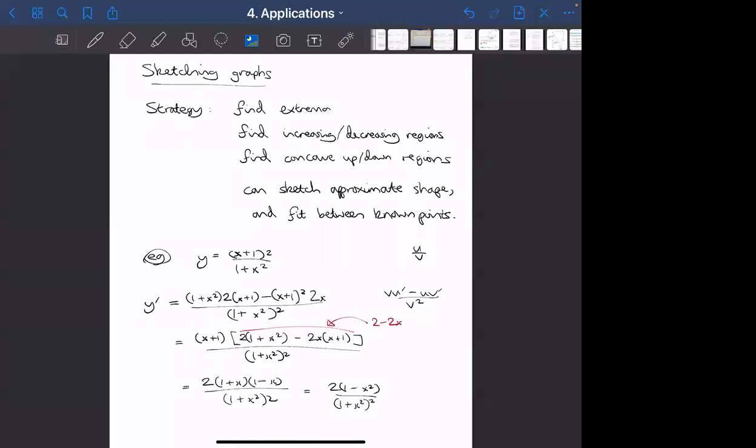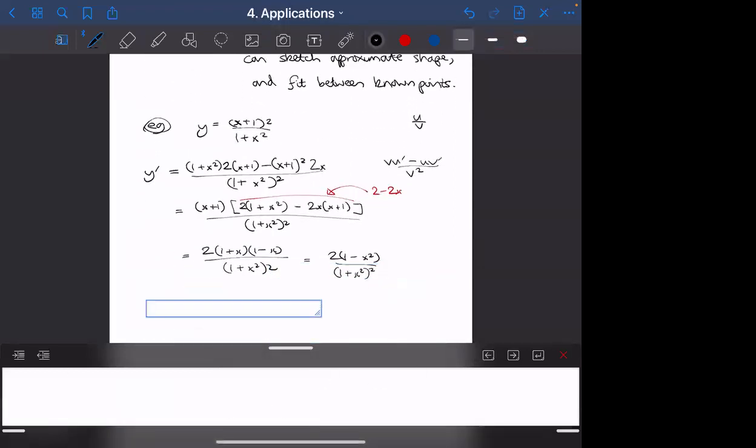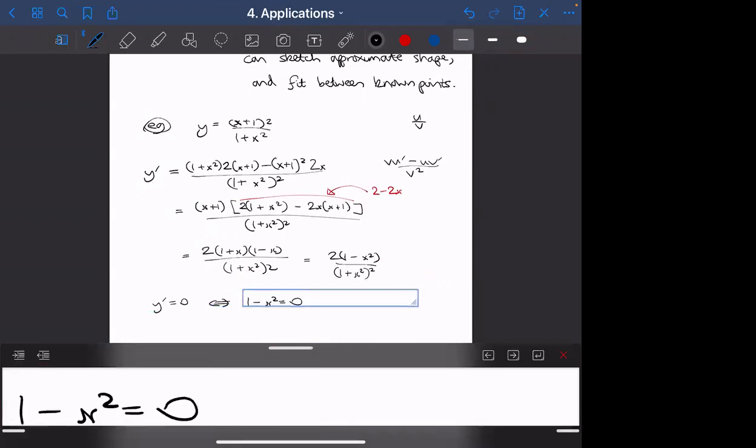And so we see that if I set y prime equals 0, because the denominator is always positive, this is true if and only if 1 minus x squared is 0, so if x is plus or minus 1.